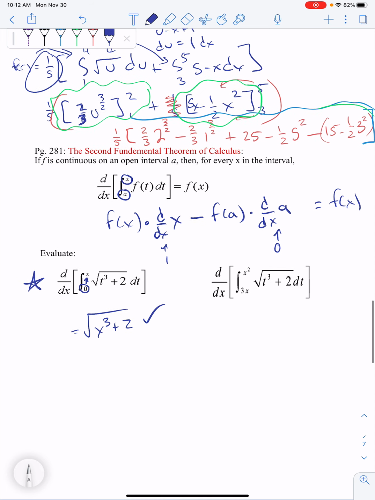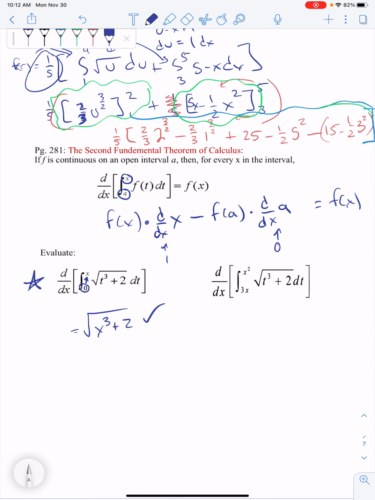But in this second example, I'm going from 3x to x squared. So the way that I do that is I'm going to take f of x, so f of the top, which means I've got to plug that in. So I take the square root of x squared cubed plus 2, but then I have to multiply it by the derivative of that upper bound, which is 2x.